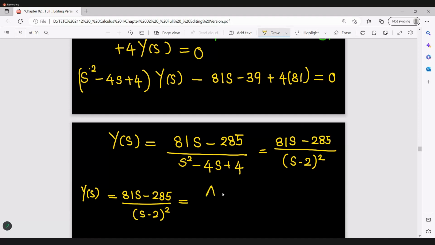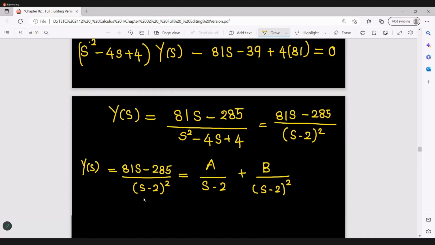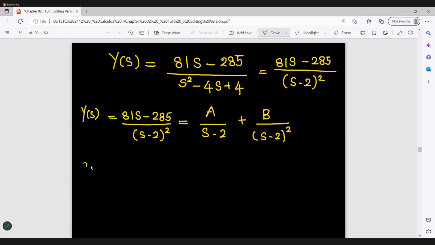A over s minus 2 plus b over s minus 2 to the power 2. So then we can obtain an expression by multiplying both sides of this expression by s minus 2 to the power 2. 81s minus 285 is equal to a times s minus 2 plus b.